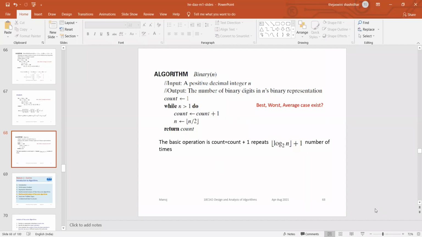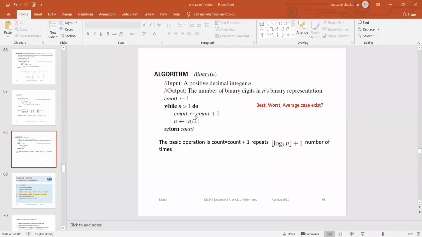Have you understood up to here? So keep this in mind: we are not taking n then n by 2. You have to go with count then count plus 1. This is the common operation we are going to do.